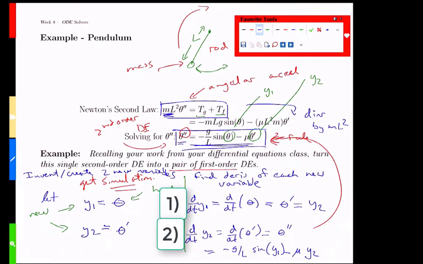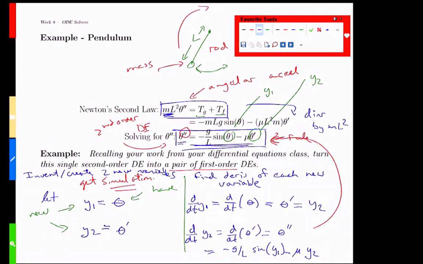That is a system of two differential equations. Notice 1, 2. They only involve the new variables y1 and y2, and it clearly represents the differential equation I started with, just with new variables. New variable names, really. That's all we did.